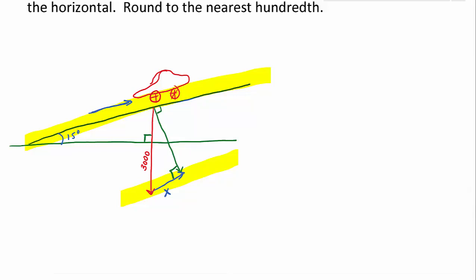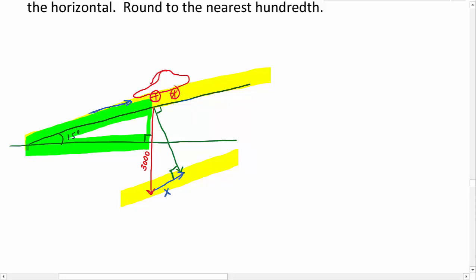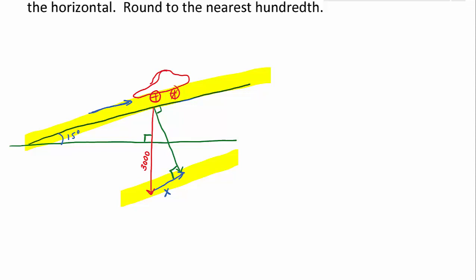If I look at this little sub-triangle that's been created right here, I can find the third angle measure. I know that one's 90, one's 15, so that means that our third angle measure would have to be 75 degrees.